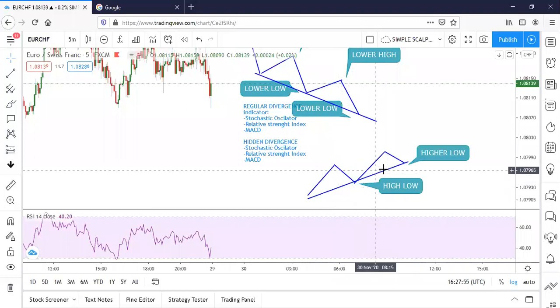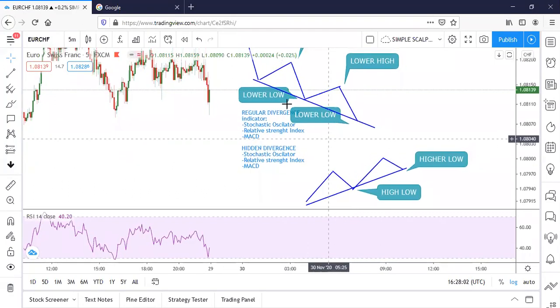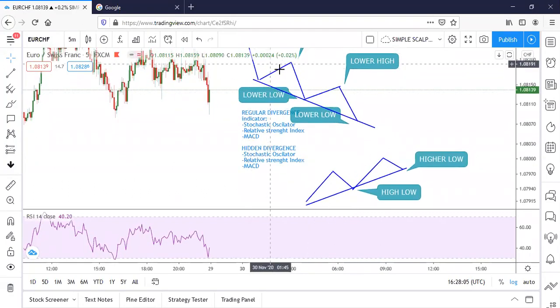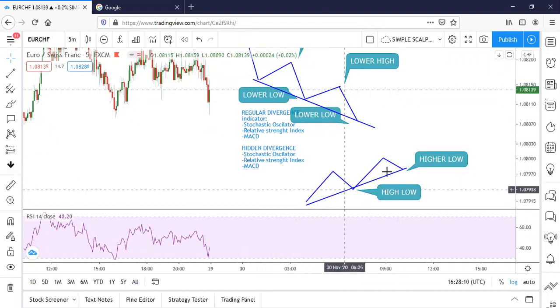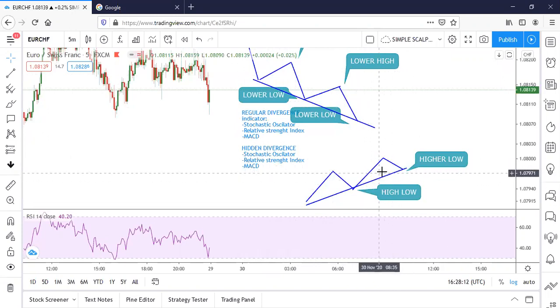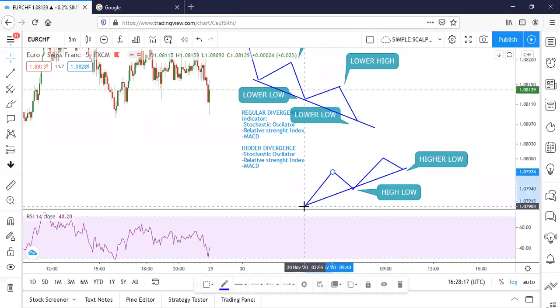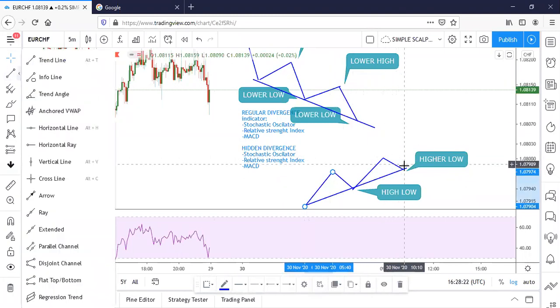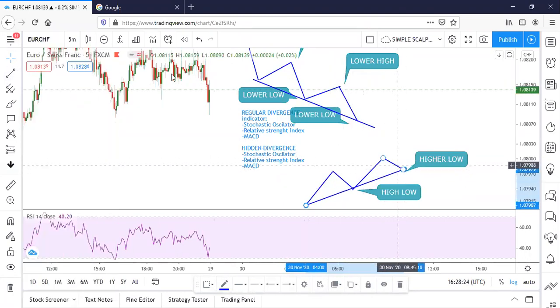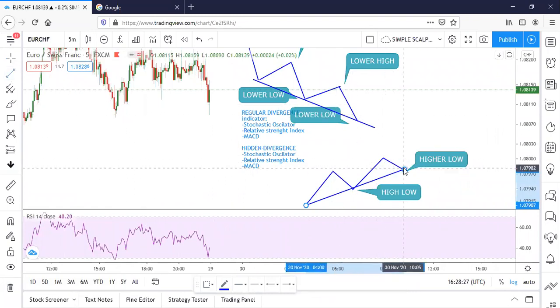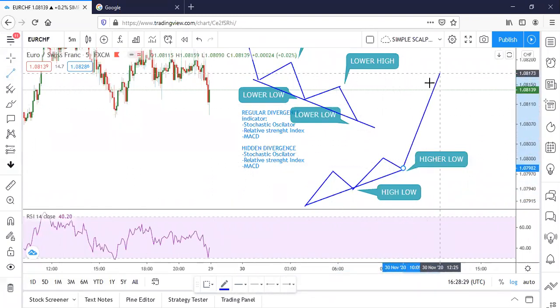That is an indication that price is ready to reverse. Whenever you spot a situation where your price chart is coming down and your indicator is giving you a structure facing up, that is a good indication that the currency pair is ready to reverse and start the upward movement, which means it's ready to start going up.